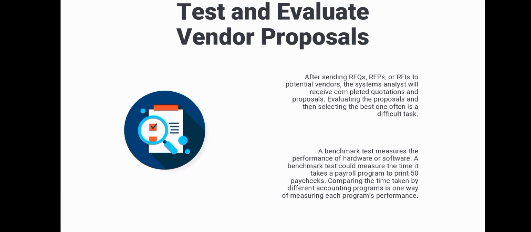They also talk to current users of the software to solicit their opinions. A benchmark test measures the performance of hardware or software. A benchmark test could measure the time it takes a payroll program to print 50 paychecks, comparing the time taken by different accounting programs as one way of measuring each one's performance.